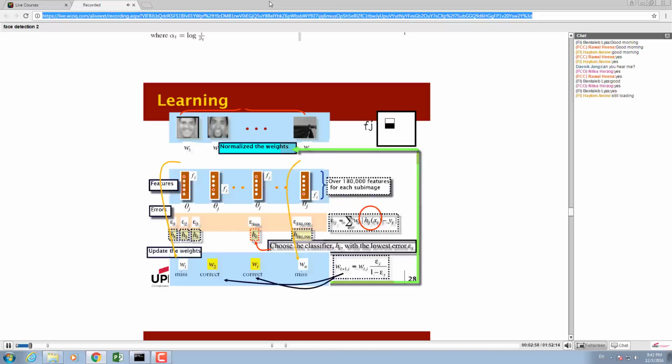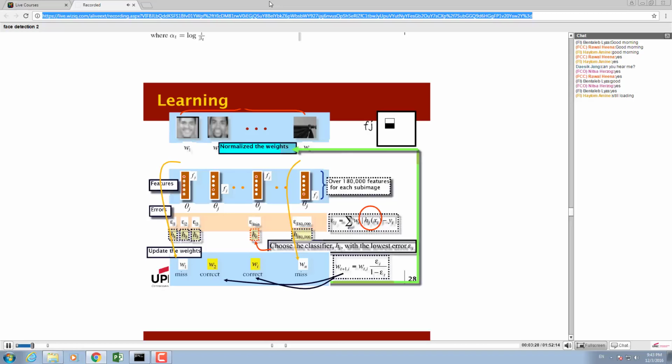And then based on the selected h_t, now we know the error of h_t, that is e_t, right? So based on e_t, we apply the beta. The beta means e_t over 1 minus e_t, right? So we apply the beta to the weights. In this way, we can update the weights.